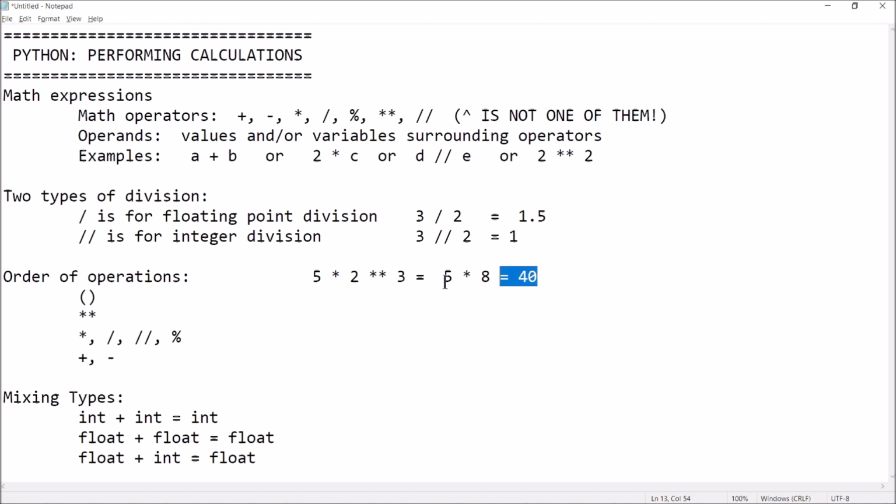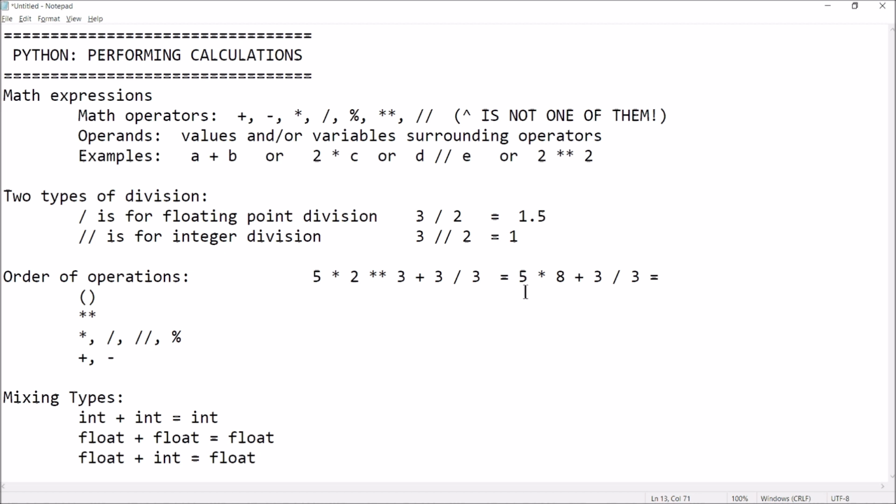Okay, now what if I did something else here? What if I added, I don't know, 3 to this and then divided that by 3? Okay, well, let's look at this example. Exponentiation still comes first, so this becomes 5 times 8, because 2 cubed is 8, plus 3 divided by 3.